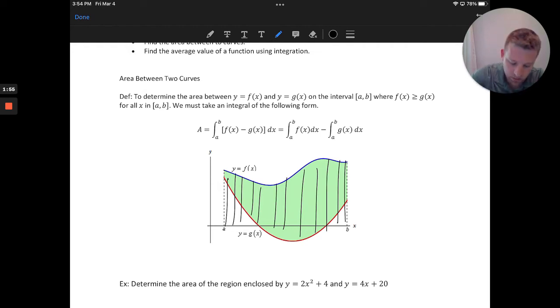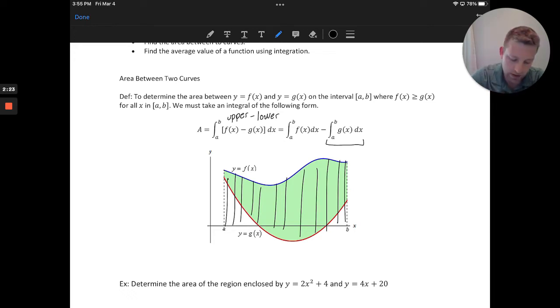So I'd like to subtract that area that's below my g of x function. So this becomes really a difference of integrals where we have the upper function minus the lower function in our integral from a to b. And those would be our endpoints of that integral.